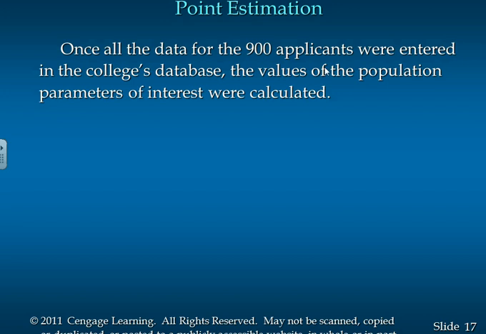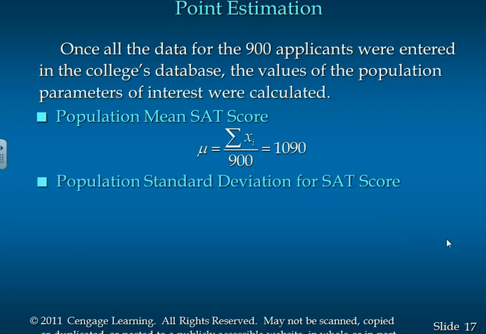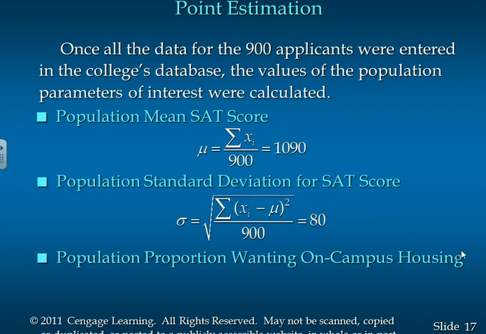So once we've added them all into the calculation, we can do other things. And we find that we really have a 1090, and we really have an 80 for the standard deviation. Oh, that's the people that wanted to be in housing. That's what that was. So 648 out of 900 wanted to be in housing, instead of 20 out of 30.